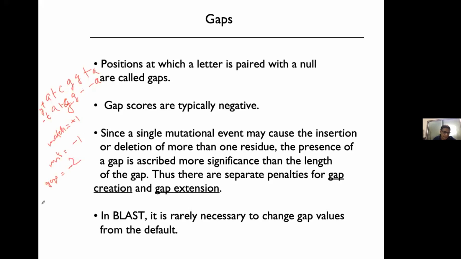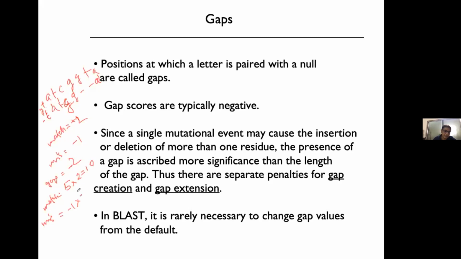So how many matches do we find? The number of matches between them is 1, 2, 3, 4, 5. And for the matches, let's provide 2, so 5 times 2 is 10. And the number of mismatches is -1 times, so we found 1 here.